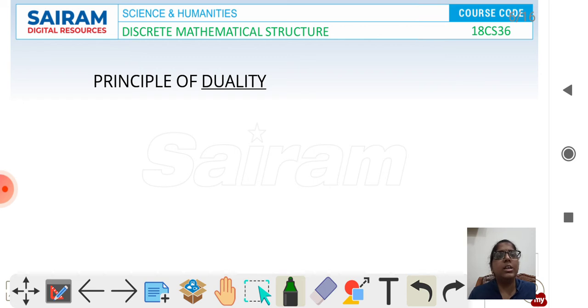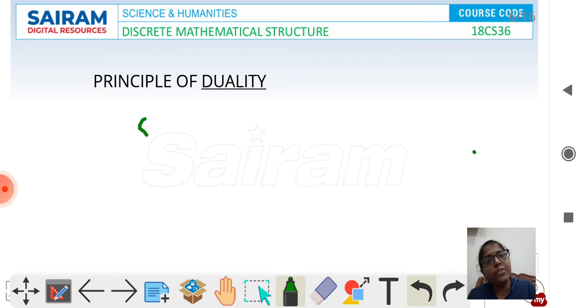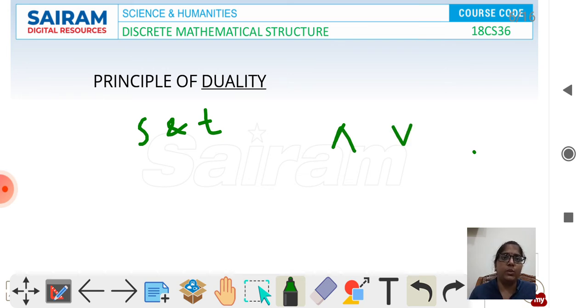So what is the principle of duality? For the principle of duality, you should have two statements. If S and T are two statements, with the same condition that S and T contain only the logical connectives cap and cup, and no other connectives, then for the dual, cap will become cup and cup will become cap, that is, and will become or, and or will become and.